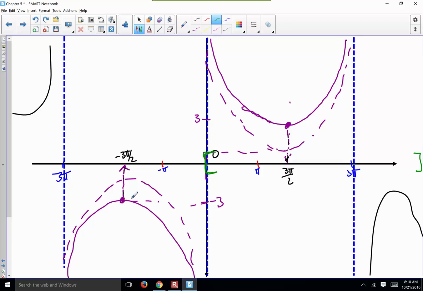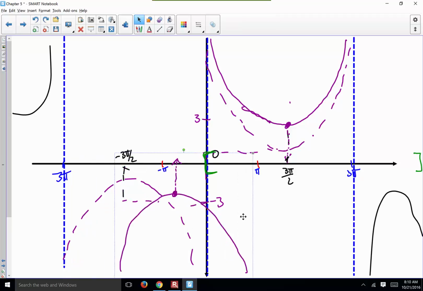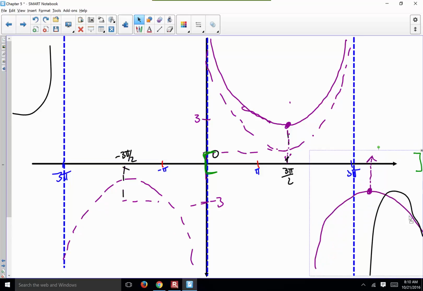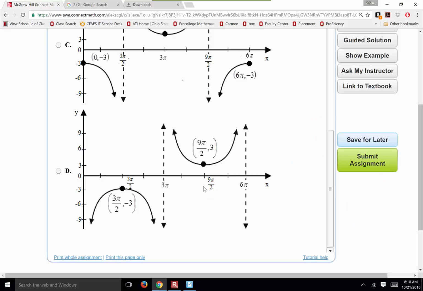So this is just going to move here if it's 0 to 6 pi, okay? Because this keeps repeating. When you see this 0 to 6 pi, 0, 3 pi, and 6 pi will have vertical asymptotes. And the minimum value will be at 3.